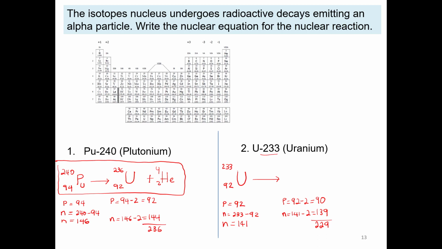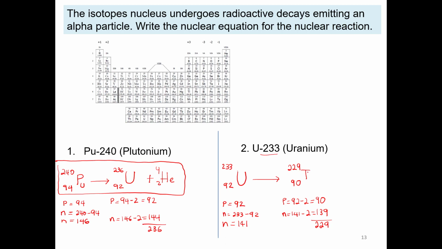And now we can write the mass number for the isotope in the products and the atomic number. To know what the element or isotope in the products is, we will use the periodic table. We will check 90 corresponds to thorium.